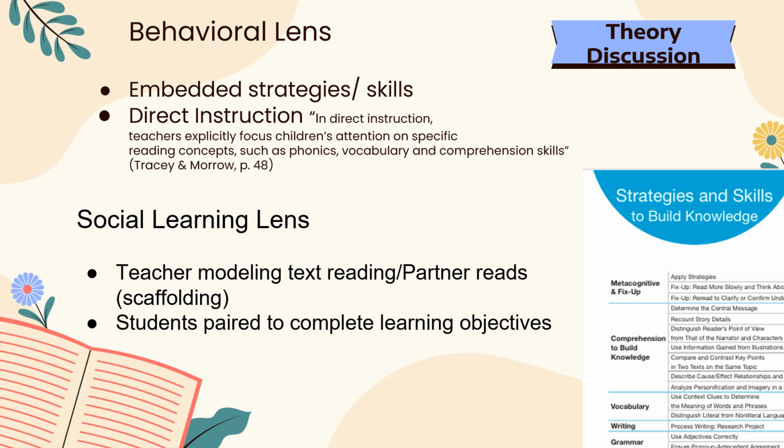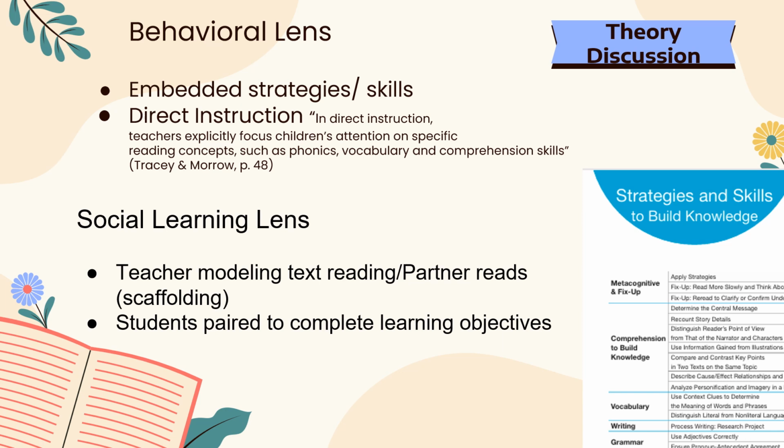Also, we noticed that the social learning lens is represented. Vygotsky's idea that people learn as a result of their social interactions with each other. And this was definitely evidenced in suggestions in the program procedures for differentiation, which include the teacher scaffolding the first reading of a text, either reading to or with the students, or having them partner read.